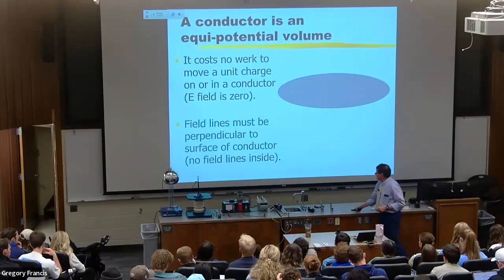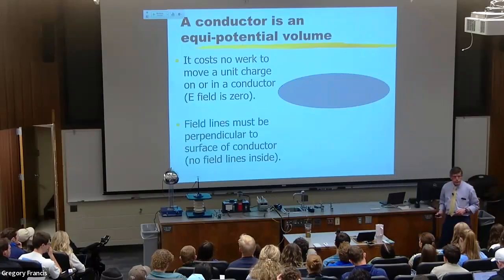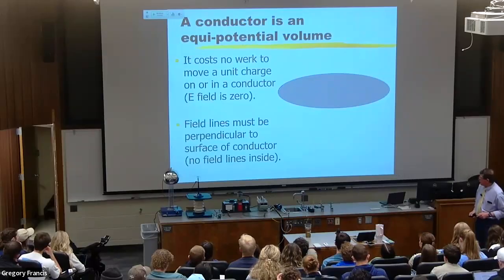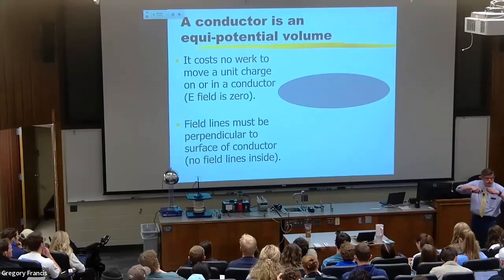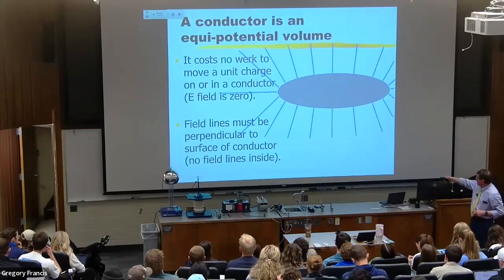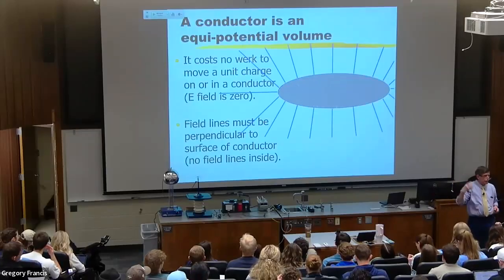Now, I also know, you remember, that field lines have to be perpendicular to the surface of a conductor. The electrons are free to move to their happy place, and if there was an electric field tangent to that surface, they'd still be moving.